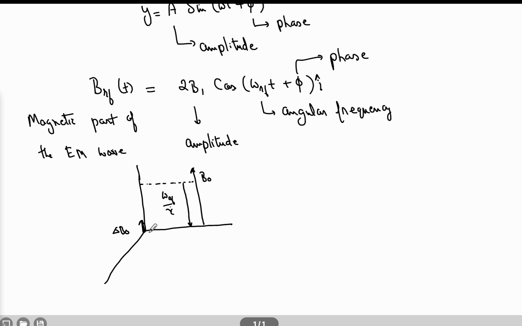This is one field, and then you have an oscillating field with magnitude 2B1. So B1 on this side of the origin and B1 on the other side. So this is a linearly polarized oscillating magnetic field, which is B_RF(t), right? It is applied like this, and this particular angle is phi, which is the phase. And this has angular frequency omega RF t.